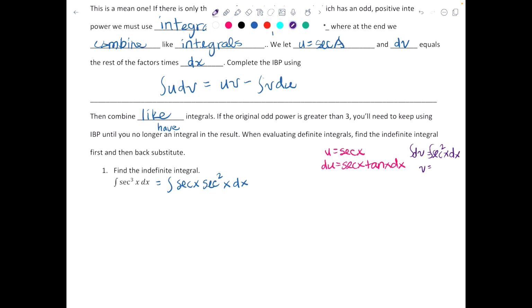So v is tangent at x. All right, so I'm going to rewrite the original one since we're going to be equating like integrals. So the integral of secant cubed at x dx equals our u, which was secant at x, times our v, which is tangent at x, minus the integral of v and then du.